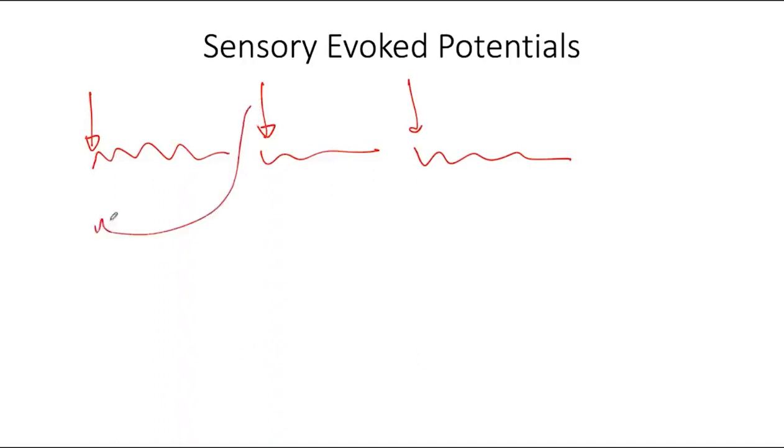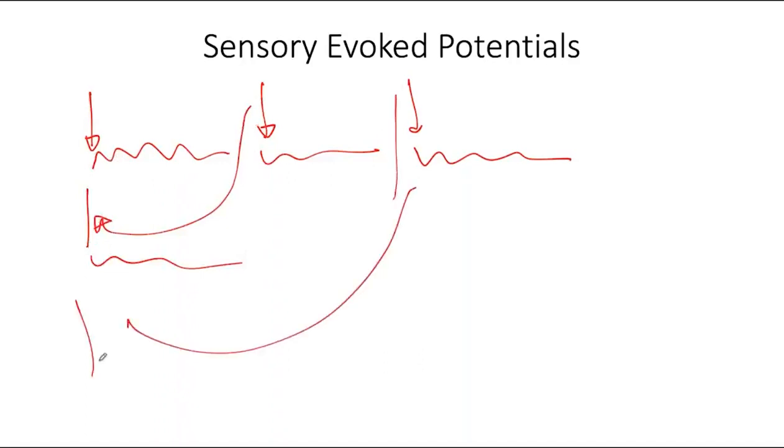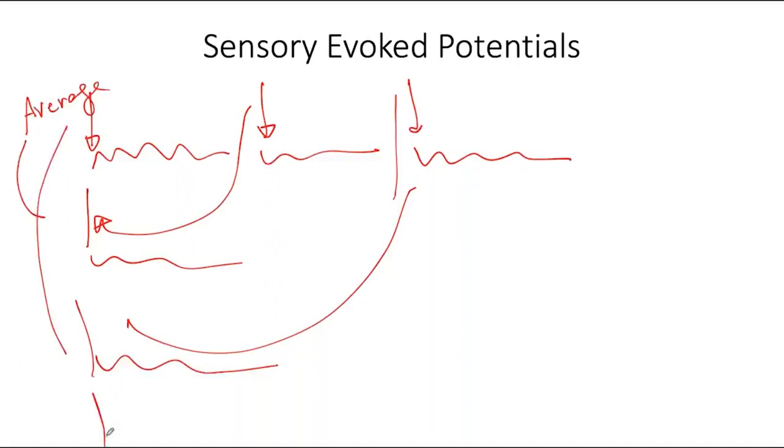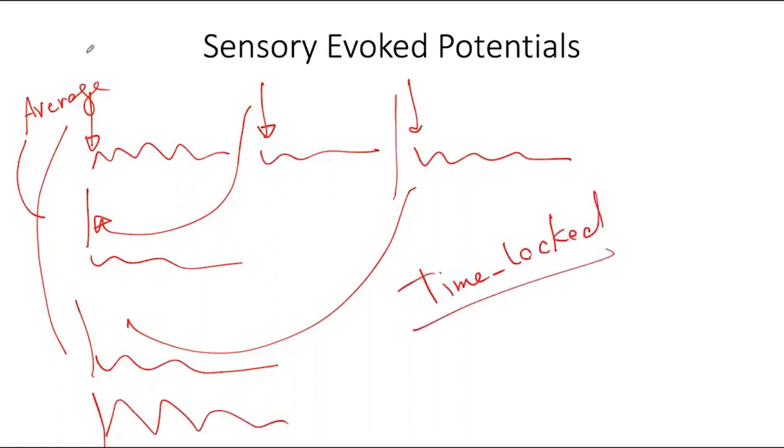We cut the recordings and bring them under each other, and then make an average, so that at the end we have a wave that is time locked to the stimuli. Based on the stimuli, we make a time lock, and then we make a sensory evoked potential.